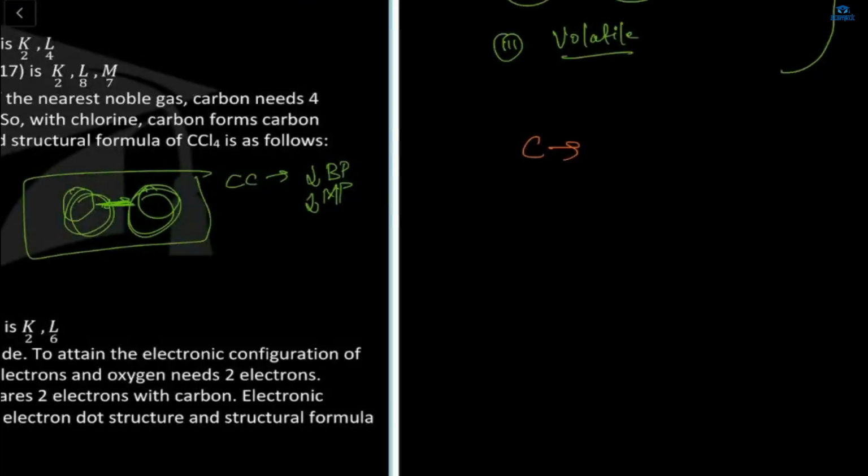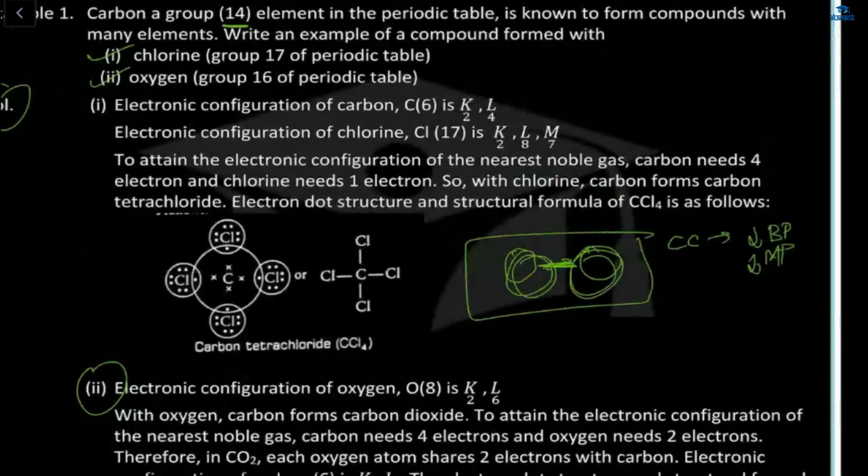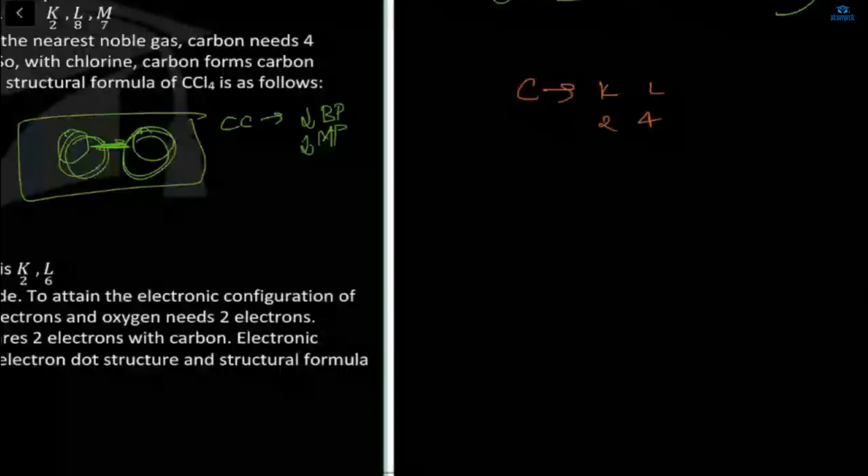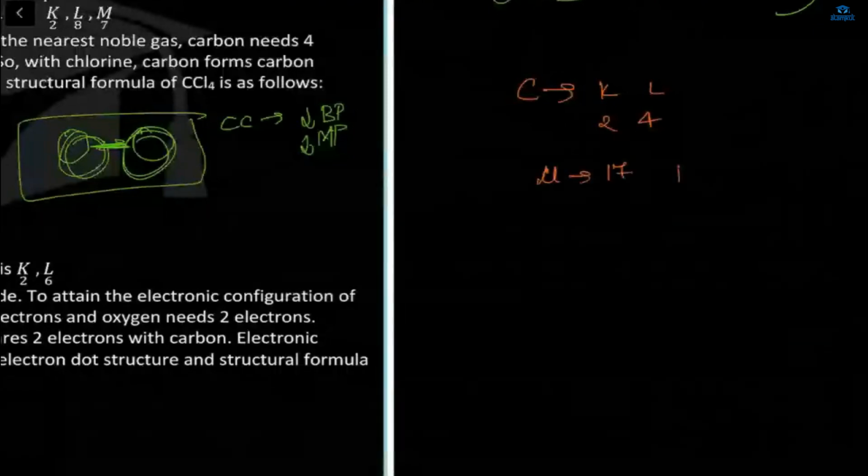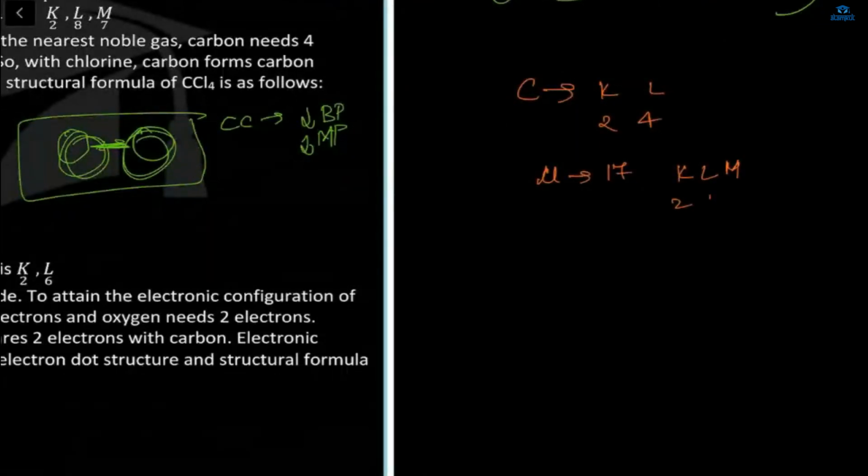It is 2, 4, so 4. What about chlorine? Chlorine has atomic number 17, so its configuration is 2, 8, 7. Carbon needs 4 more electrons to fill its octet, and chlorine needs only 1 more electron to fill its octet.